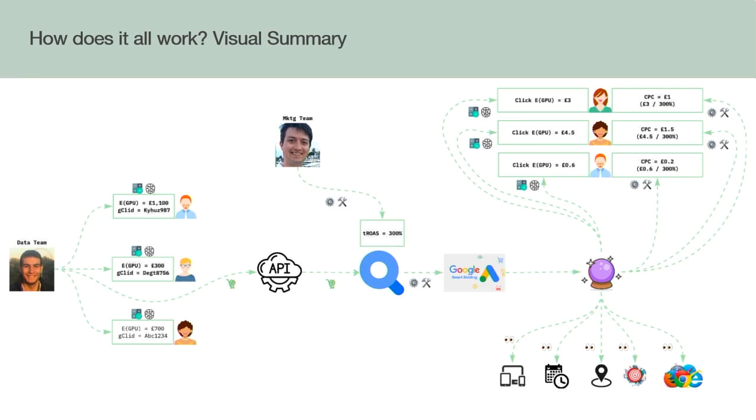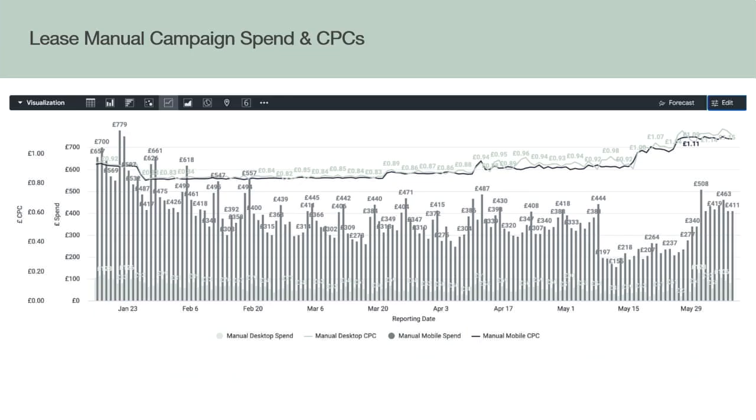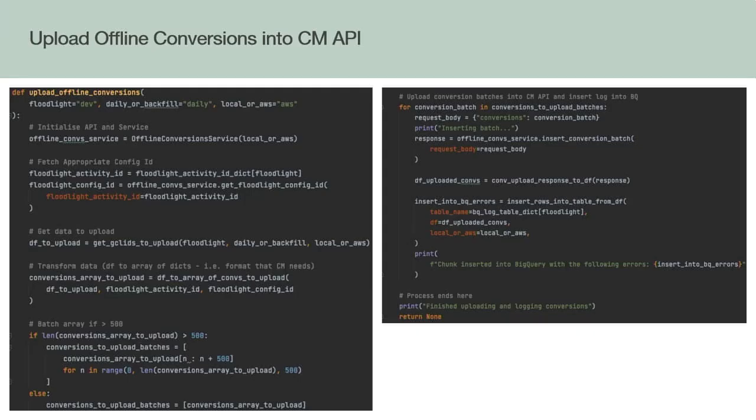Yeah, so how that works in a bit more detail is that, maybe I can show you a bit of the code that will help. It's a bit technical, but basically we use a service of the Campaign Manager API called the Offline Conversion Service.